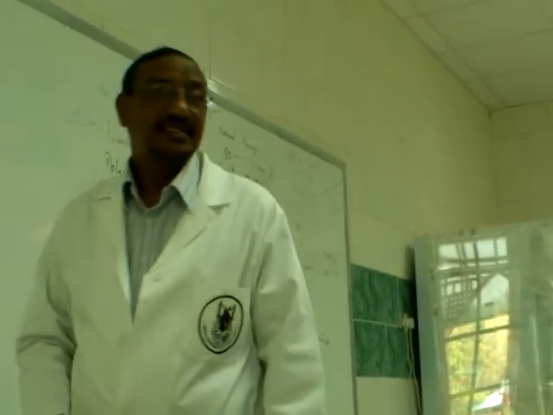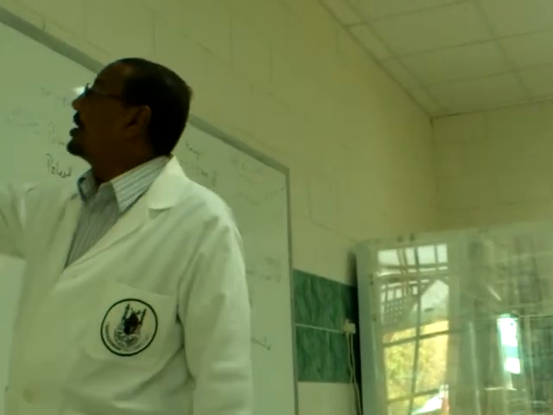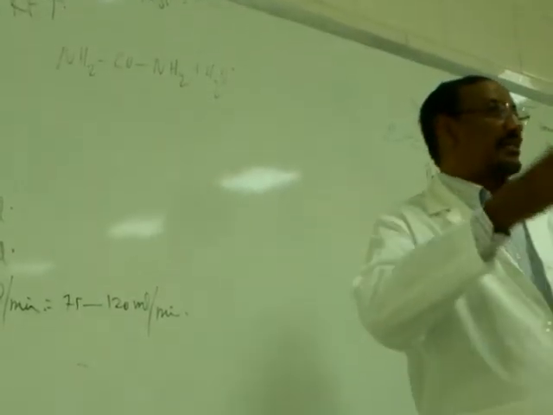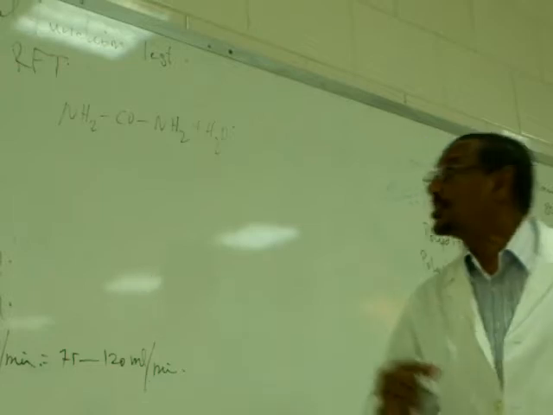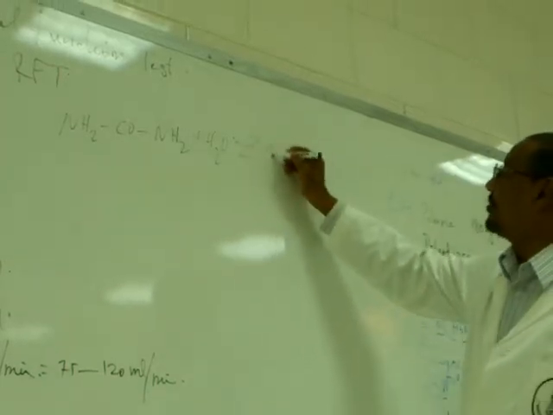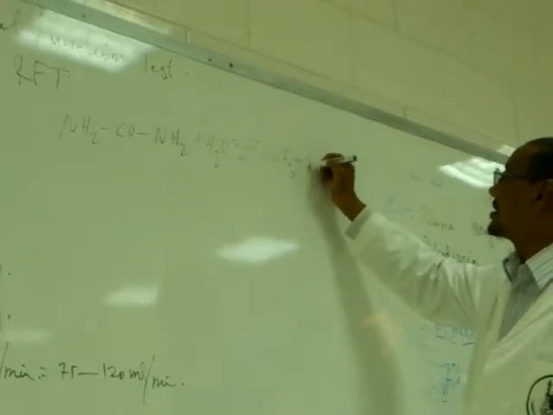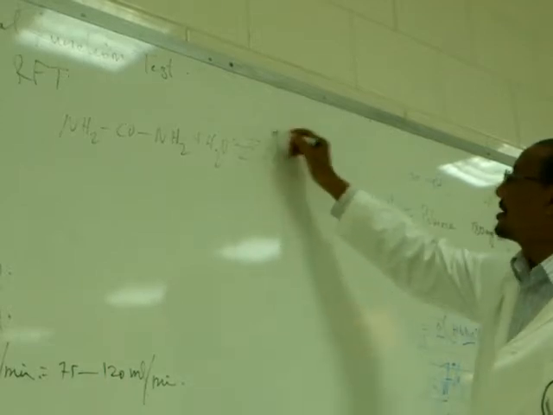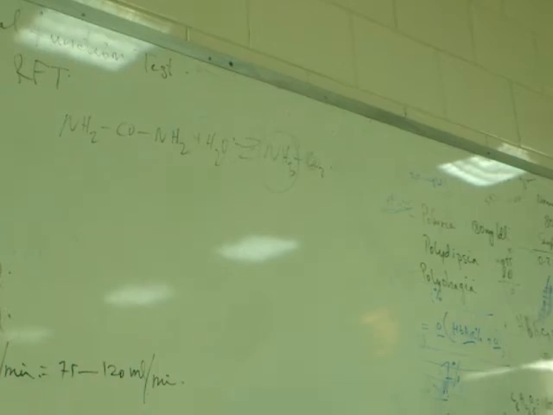These are the urea, the form. When we add water with the enzyme urease, that means it breaks down the urea, we will have ammonia plus carbon dioxide.